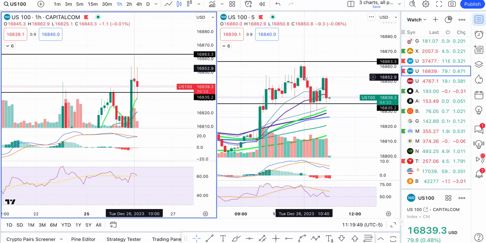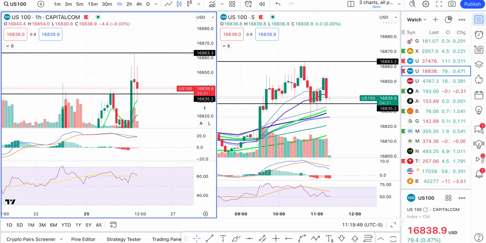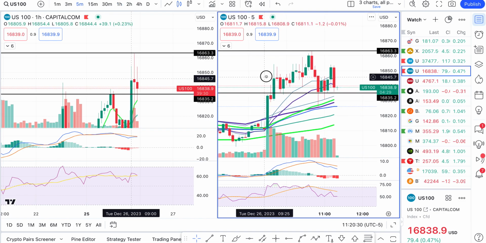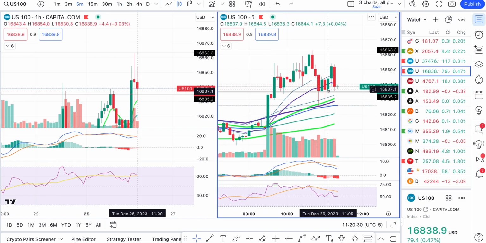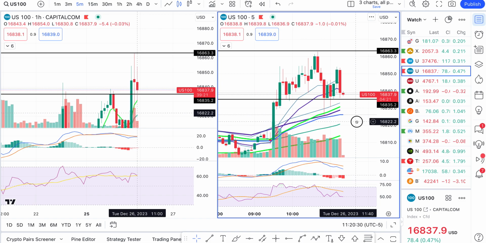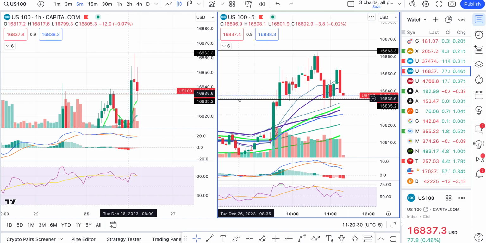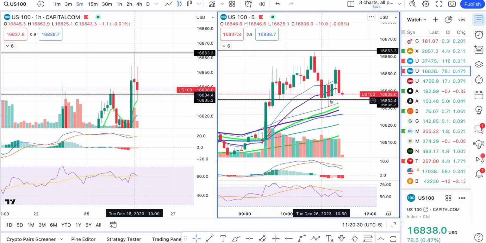What I like to do is find a combination of EMA support and pivot support, and find when those two areas merge. That's not an average, that's an actual level. Basically, it's an apex.